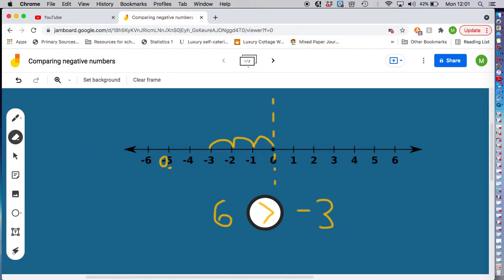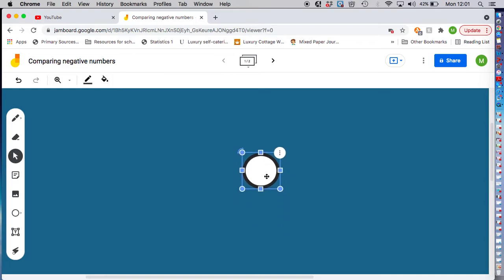So let's have a look then at one where they're both negative numbers. Now this is where our number line, which was a very small number line, is not really going to help us. So let's get rid of that and move this one up. What if we had these numbers, -14 and -31?